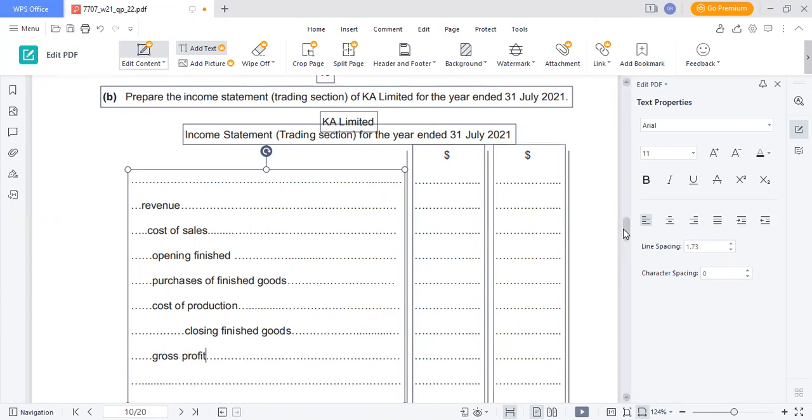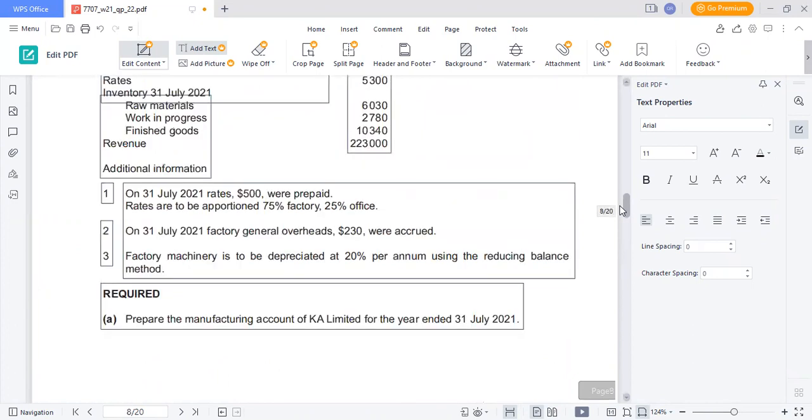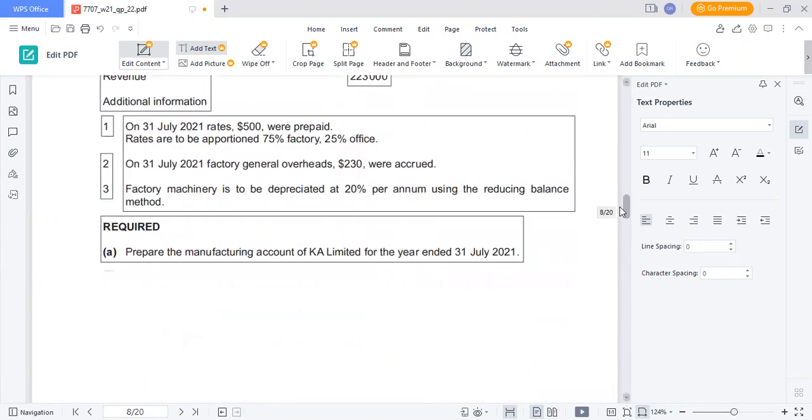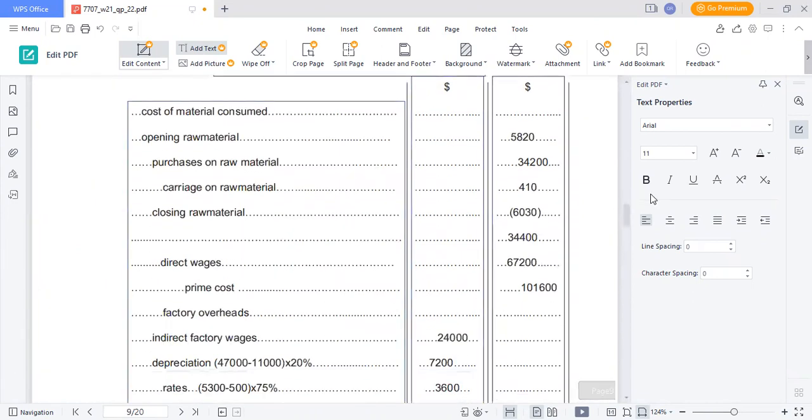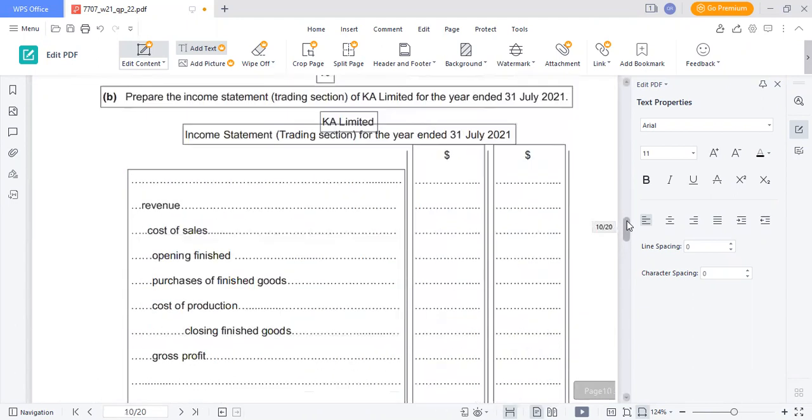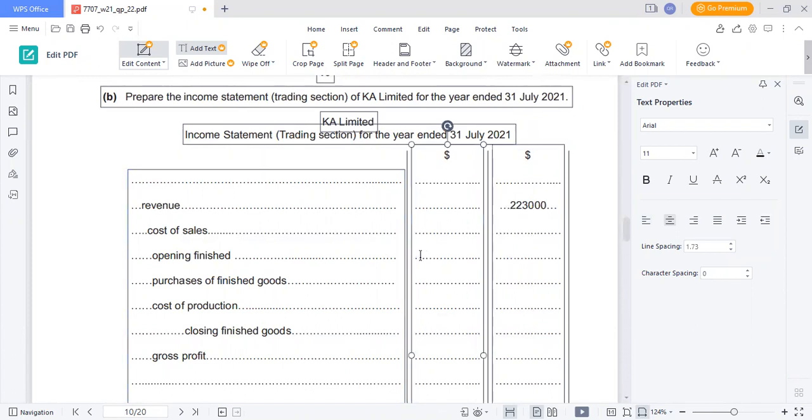Okay, revenue is 223,000. Cost of sales: opening finished goods were 12,600.